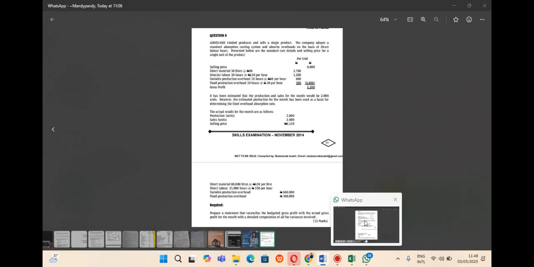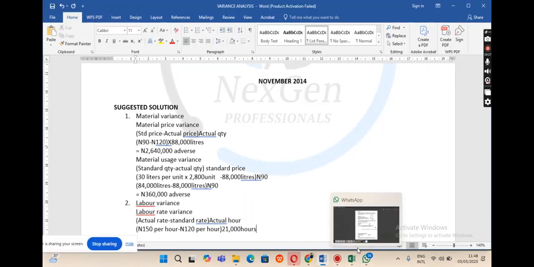So 7 hours per unit times the total unit produced. It means that if they produce 1 unit, they will use 7 hours. So when you multiply it, it will give you the hours, in case it is not given to you in the question.